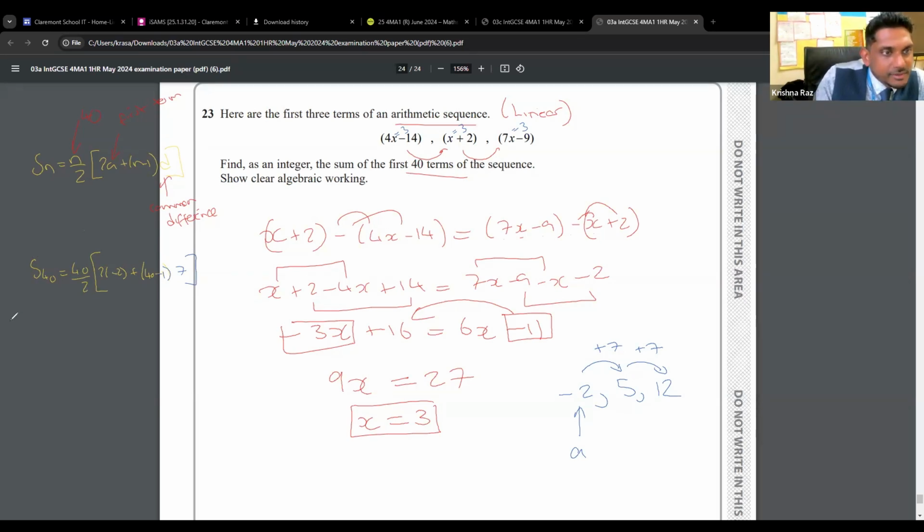we have the sum of the 40 terms is 20 times (minus 4 plus 39 times 7). And that will give us the answer. At that point, I'll get the calculator out. For some reason, it's not getting out.